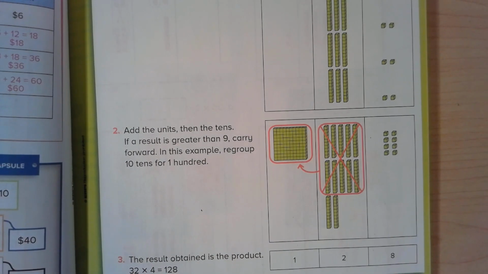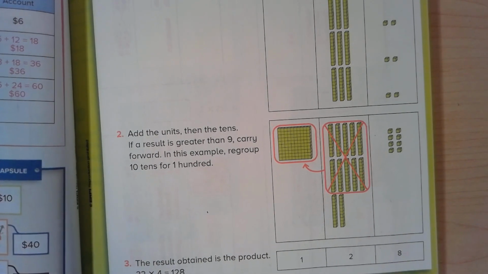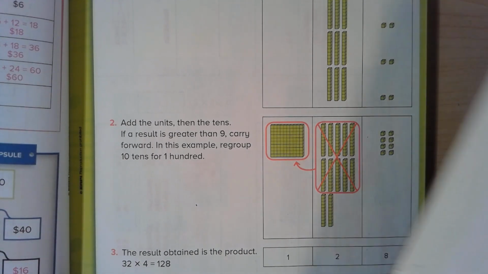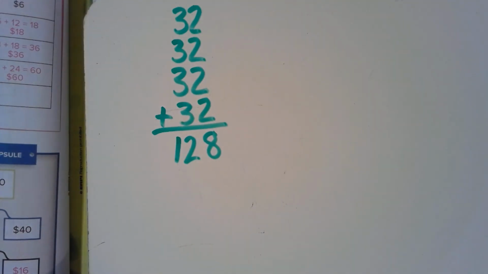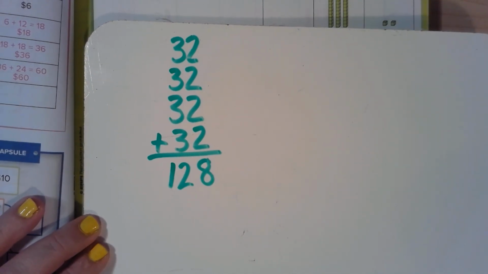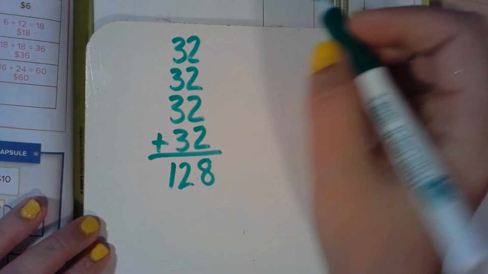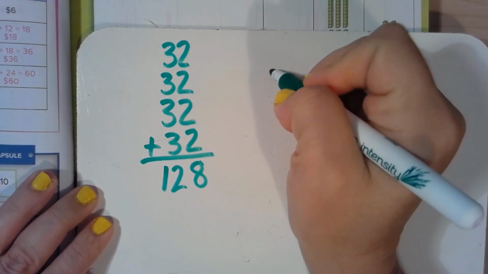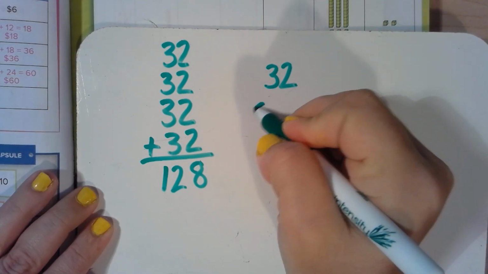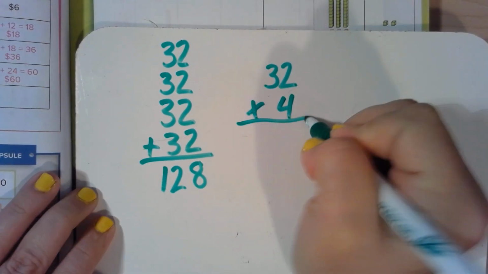Let's see if we can focus. Hocus pocus focus. 128. So yes, 128 with base 10 blocks and 128 by adding 32 4 times. Watch this. You can also do 32 times 4.